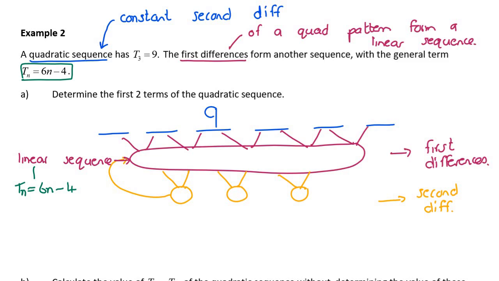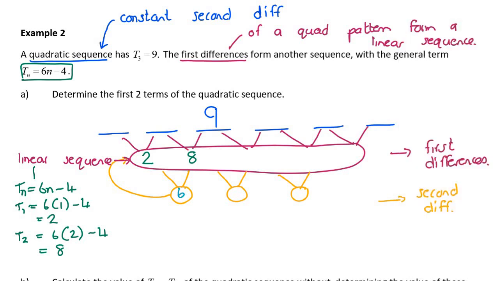So I can actually work out what those differences are, because the first term would be 6 times 1 minus 4, which is 2. So that first difference will be 2. What my second first difference would be is 6 times 2 minus 4, which is 8.